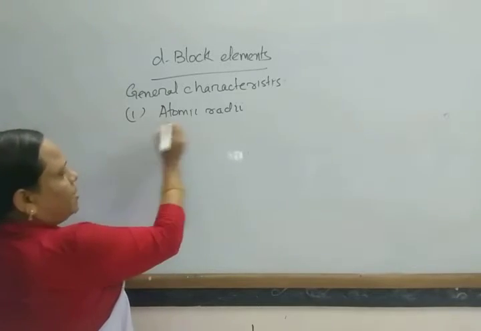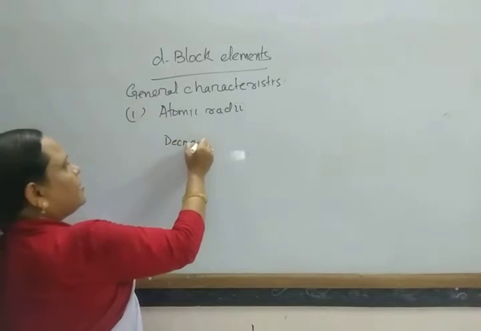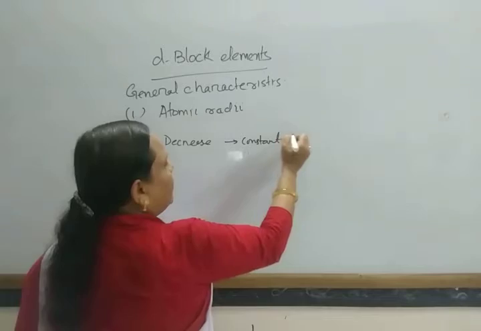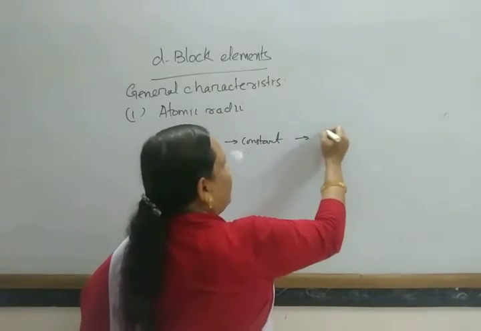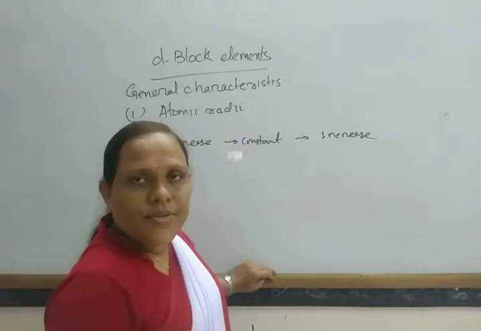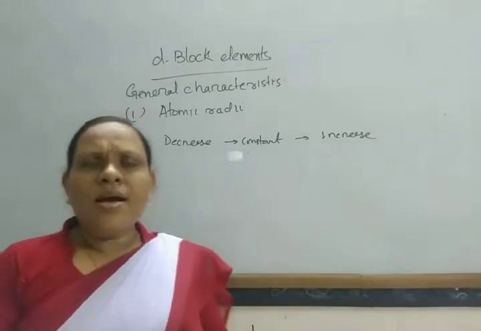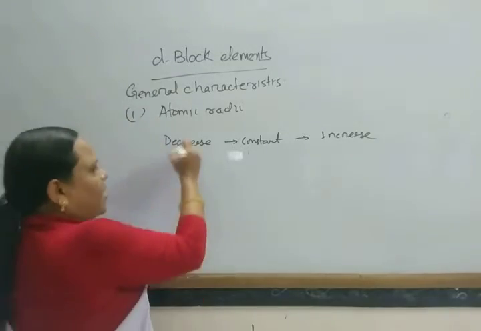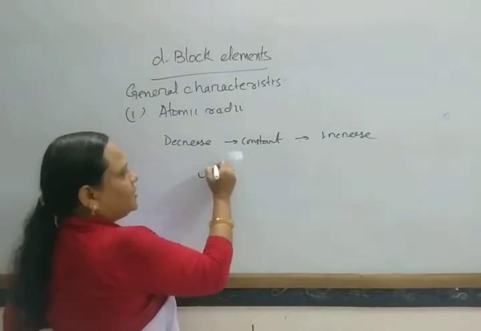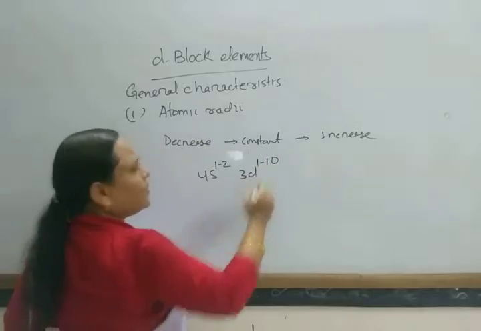So the atomic radii of these elements first decrease, then remain almost constant, and then towards the end increase. Why does this happen? They have the general electronic configuration 4s1 to 2 and 3d1 to 10.